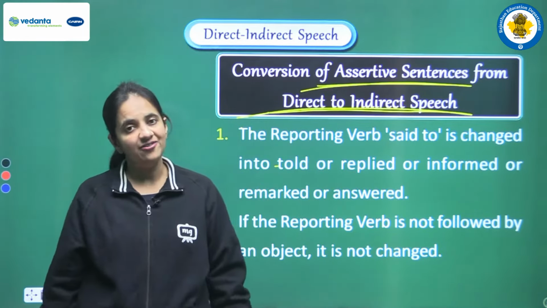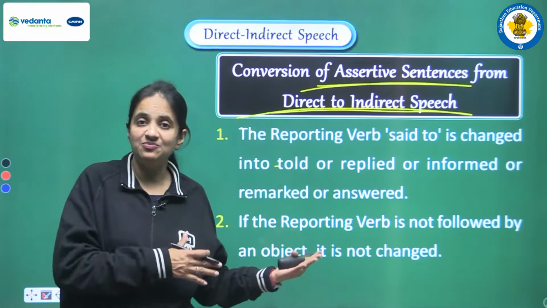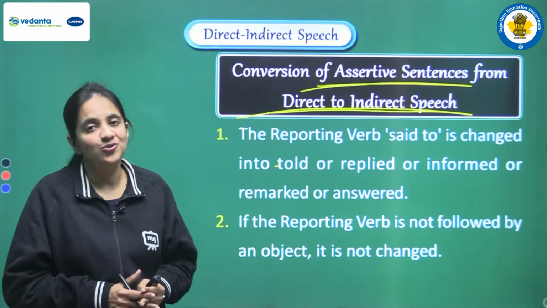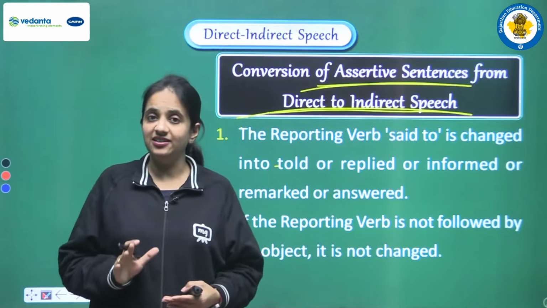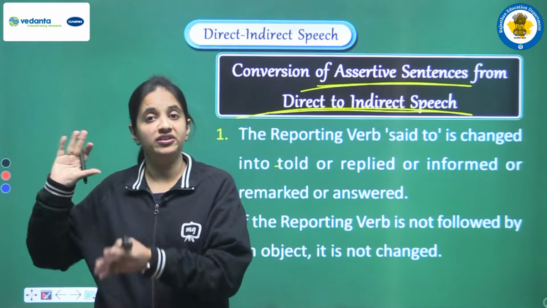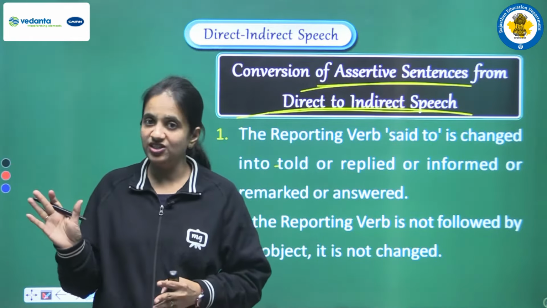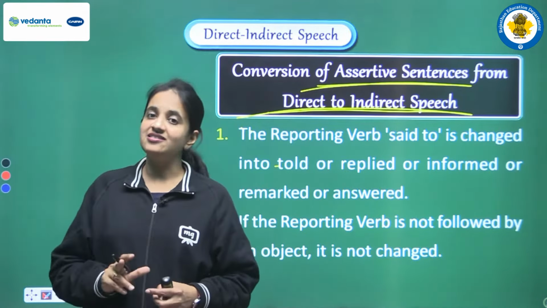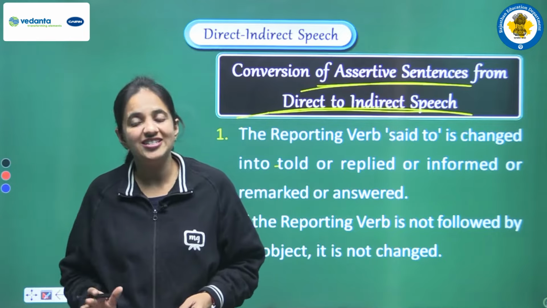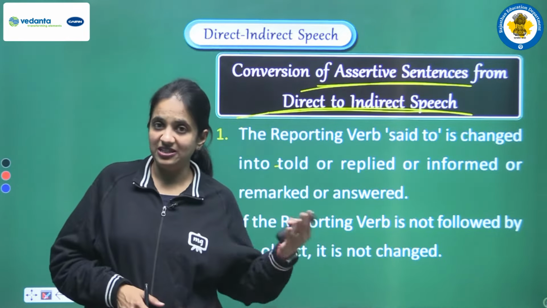So if we have an assertive sentence in the direct speech, then what changes do we have to do in the indirect speech? Students, first let's be clear that the changes we have already discussed were the 3 important changes. I am repeating one more time: changes related with tenses, changes related with pronouns, and changes in the words that are showing time and place.